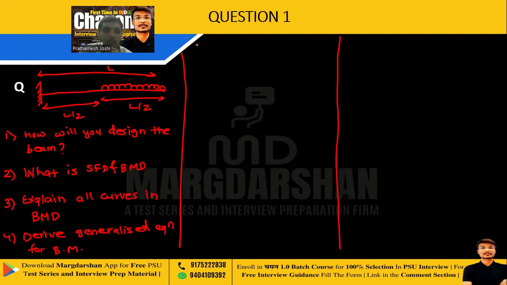Now see, how we will be designing the beam is, we just have to go with the standard procedure over here. First find SFD, then find BMD, then think of those points which have maximum shear force and those points which have maximum bending moment.